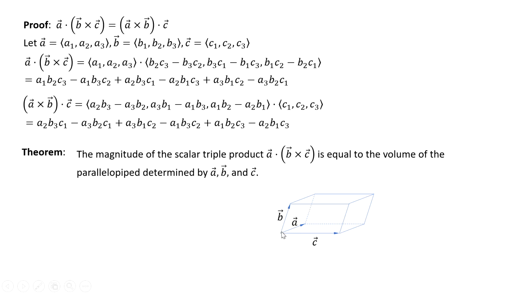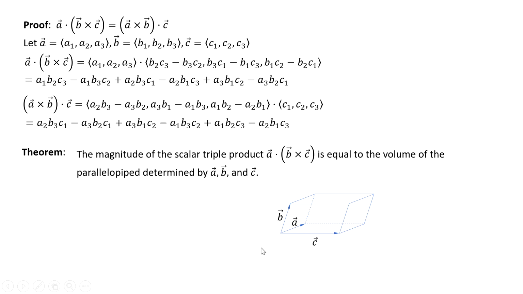If one side of this parallelepiped is A, a second side is B, and the third side is vector C, then if you take the dot product of A with the cross product of B and C, you get the volume of this one.